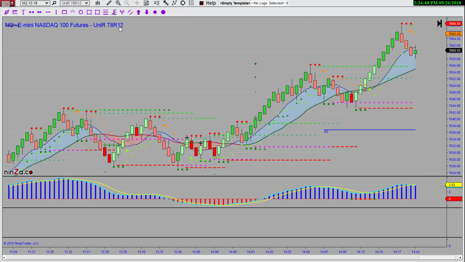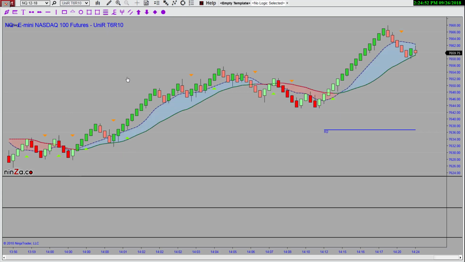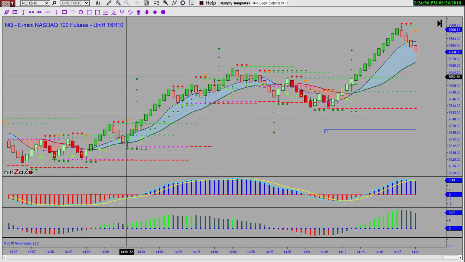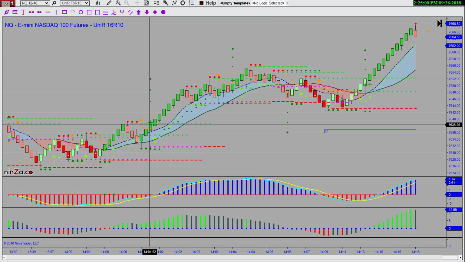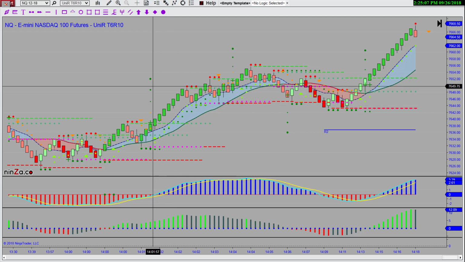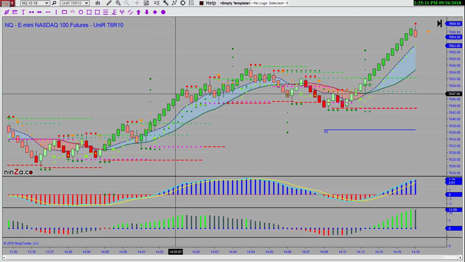Let's go to the 6 first. Then I said, you know what? On certain days when we're not that volatile, I need to go down to a 6 Renko. Like, there was a signal here at 1402 to go long. Now its target 3 was all the way up here, and it actually did not make target 3 out of the box.